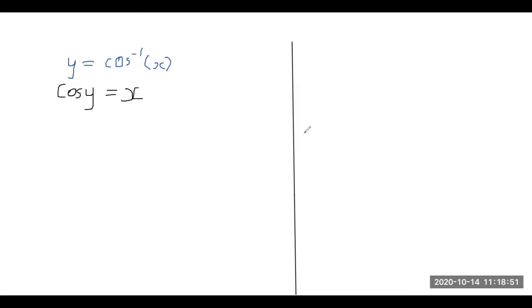Remember the example that we use. So if y is equal to cosine inverse of x, then cos y equals x. We can then differentiate both sides with respect to x.